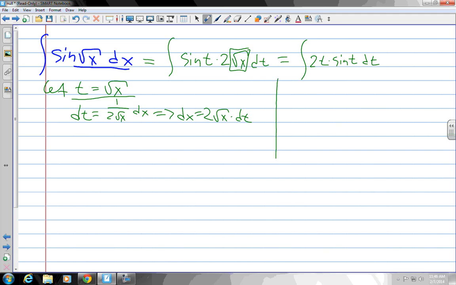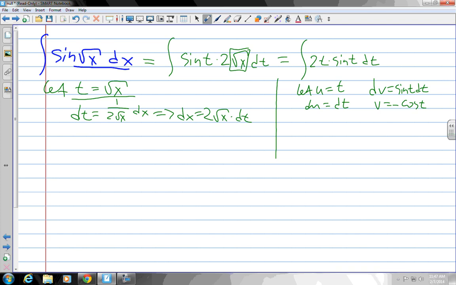So if I actually do this one by parts, I'm going to say let u equal, well, let's just make it t. Doesn't matter. But you see what I'm trying to do here? So then du is dt, and v is negative cosine t.